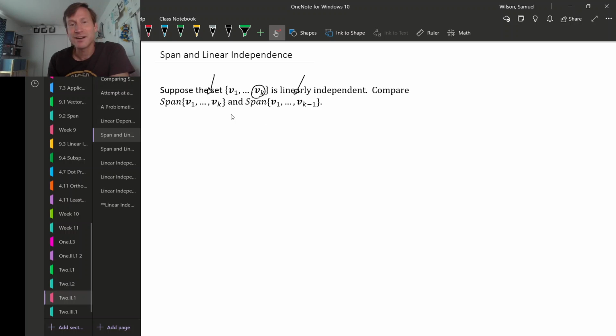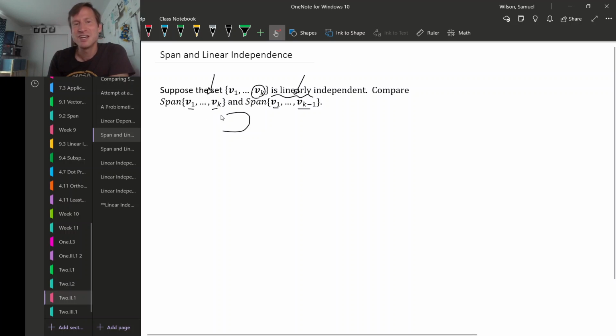Well, clearly this second one is contained in the first, right? Every v1 through v_{k-1}, these are all contained in the collection from v1 up to v_k. So the span of up to v_{k-1} is clearly contained in the span of all of the v's, just because with all of the v's you have these few, but then some extras, right?